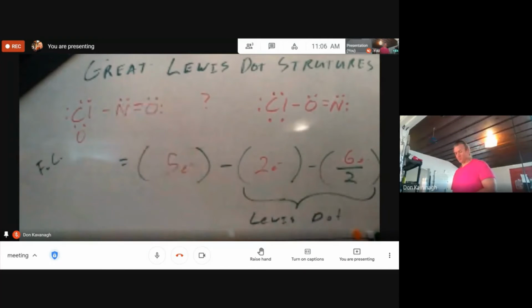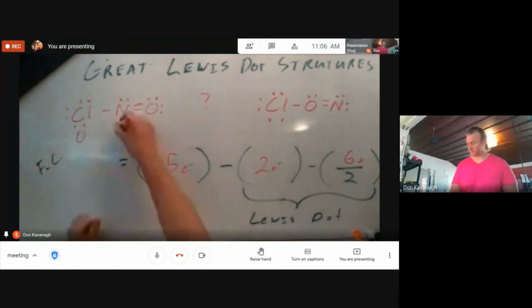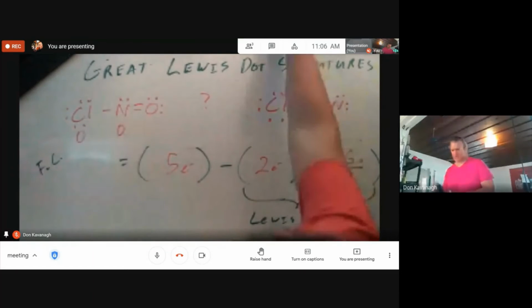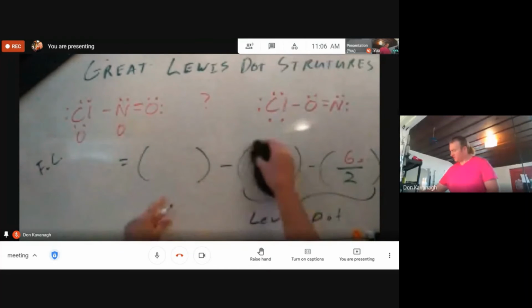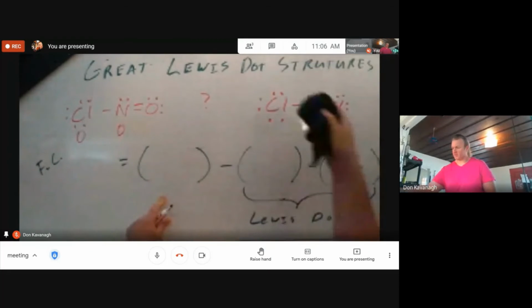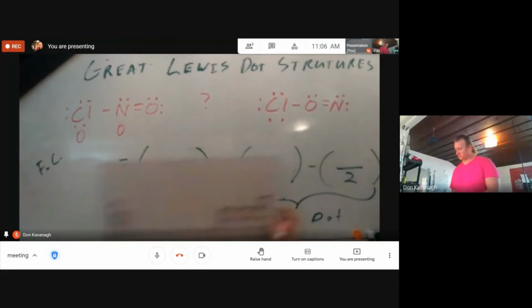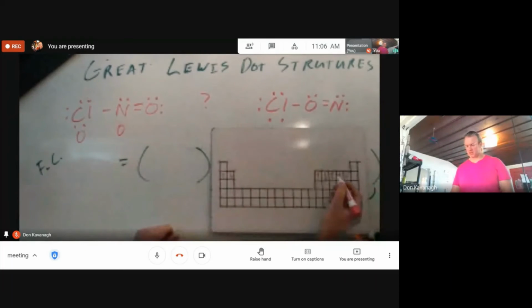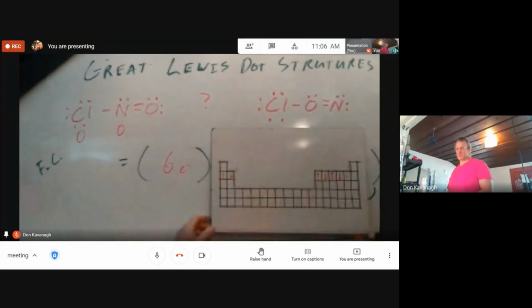This is looking pretty good here, because so far all of the atoms are coming out with a 0 or neutral formal charge. Again, this formal charge calculation is simple, but it's real easy to mess up because it's 3 terms where you're using different resources or references. Oxygen on the periodic table will always bring 6 valence electrons, 2s2 and a 2p4.